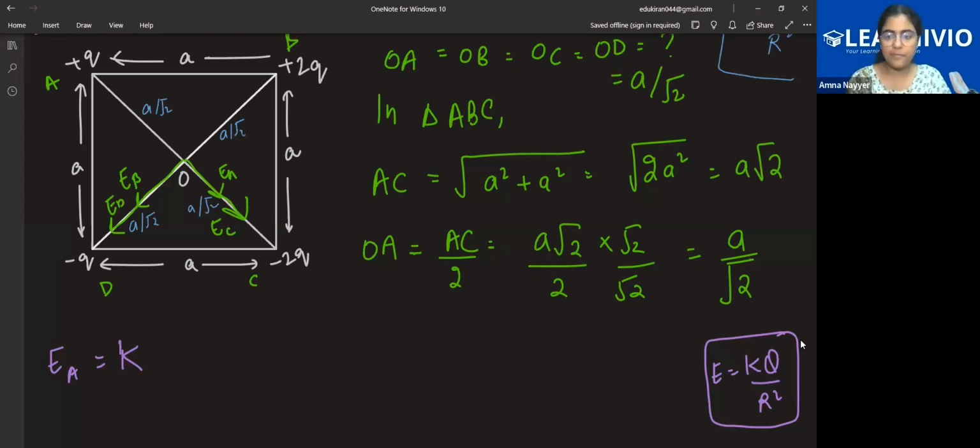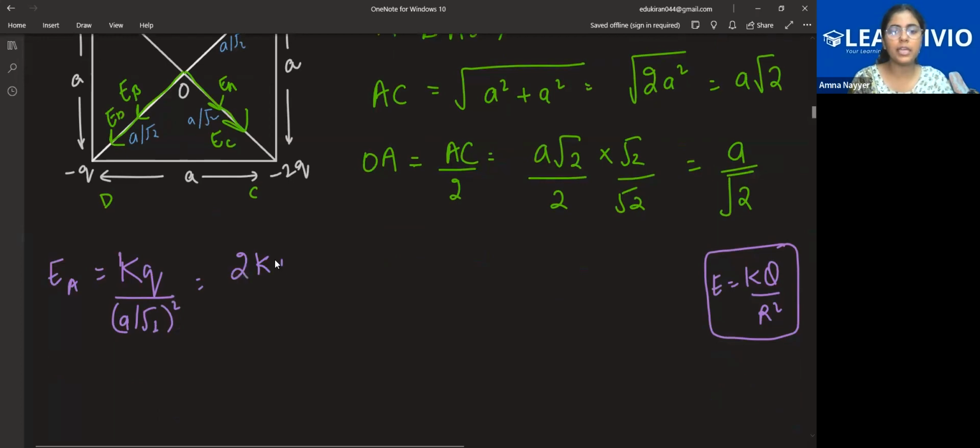This is K. What is the charge? Charge is small q. And separation is a by root 2, so that becomes a by root 2 whole square. Root 2 into root 2 will be 2, and that will go up. So that will become 2KQ by a square. This is EA.